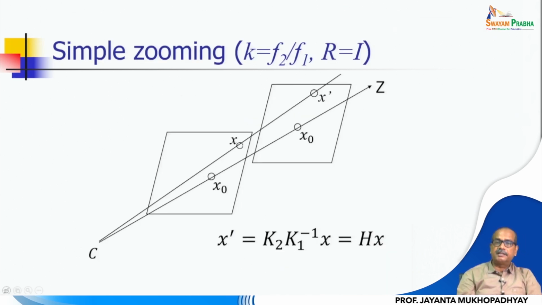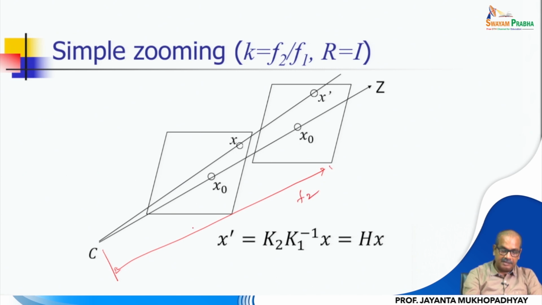Now, when we consider a simple zooming case, which means there is no rotation, the rotation is basically an identity matrix. But your image plane is shifted by a factor, the distance from the center is varying. Say this distance is f2, and say this distance is f1.